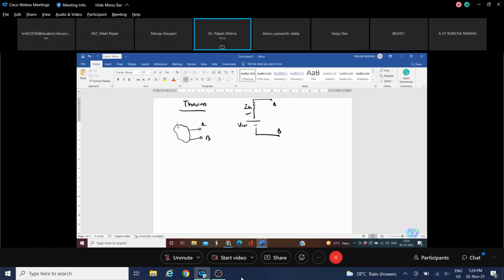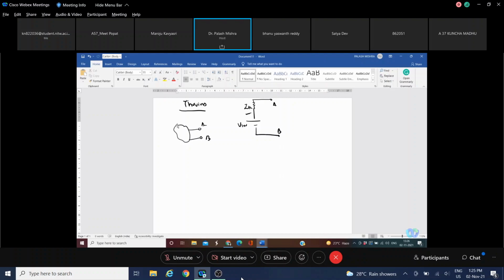Please note it down. In case of deactivating, do not ever deactivate the dependent sources. Only the independent sources should be deactivated.